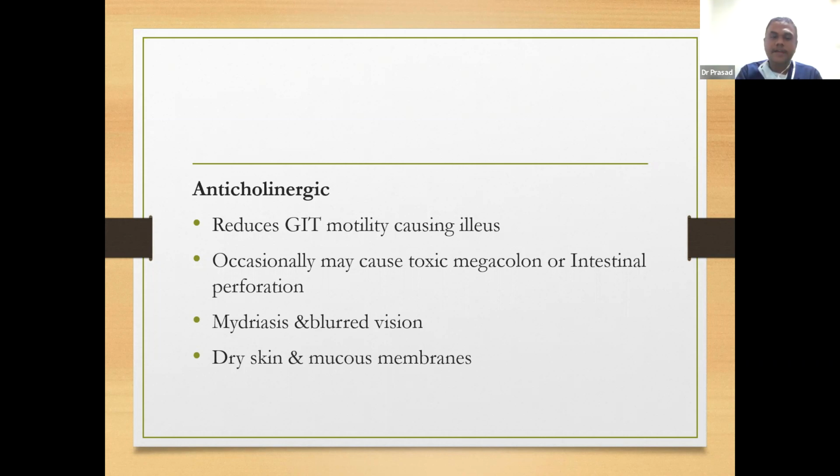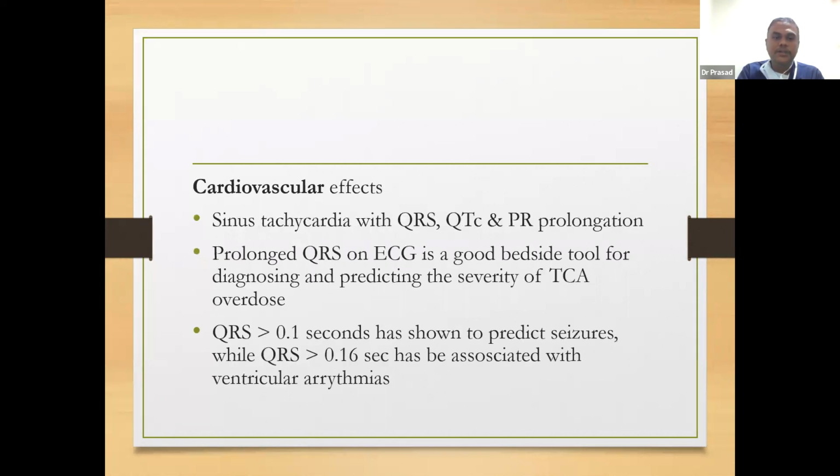Mucous membranes and skin are very dry in anticholinergic overdoses. You can see mydriasis and blurred vision in all anticholinergic overdoses, and also, as I said, ileus, megacolon or intestinal perforation are common findings, which will lead to further delayed absorption of the drug overdose.